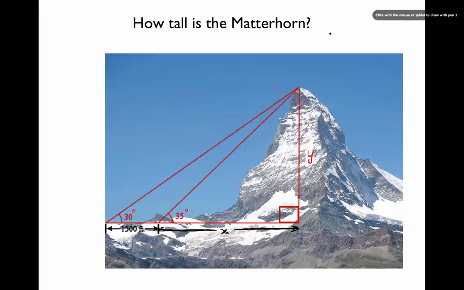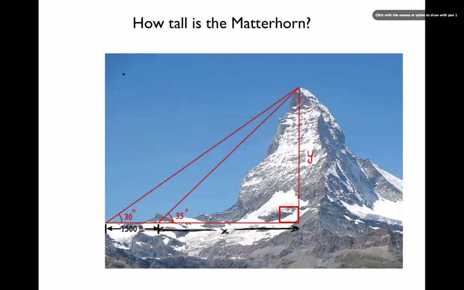Sine, cosine, or tangent? In general, sine, cosine, or tangent is going to apply here. She said tangent. So we're dealing with the adjacent side, and we're looking for the opposite side. So yeah, tangent.